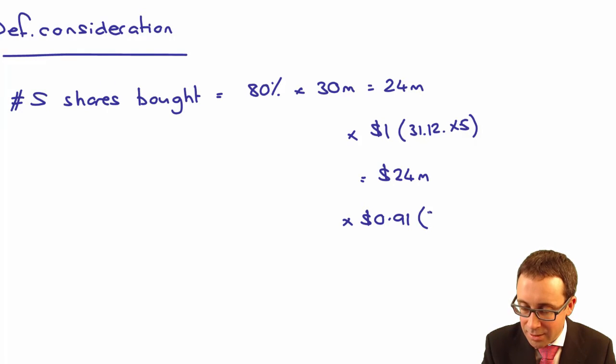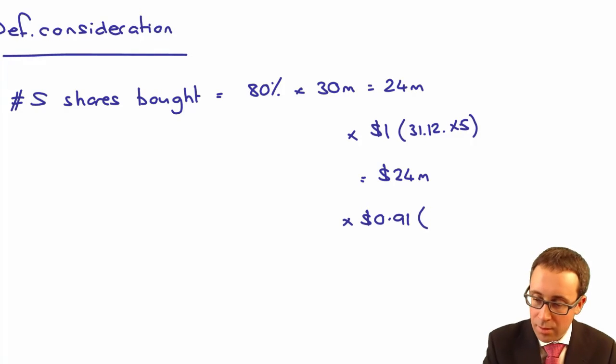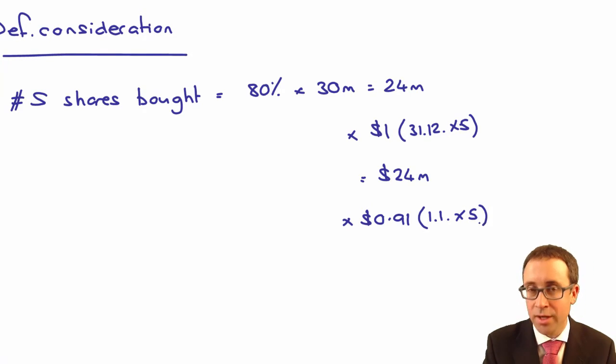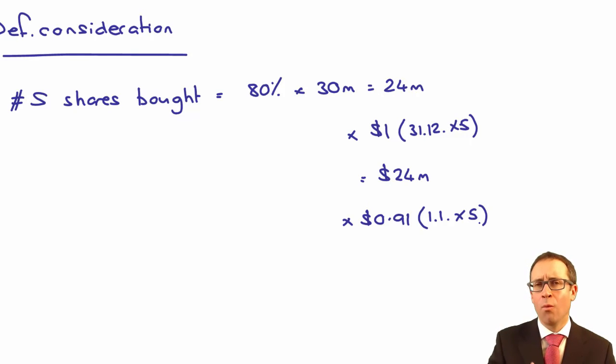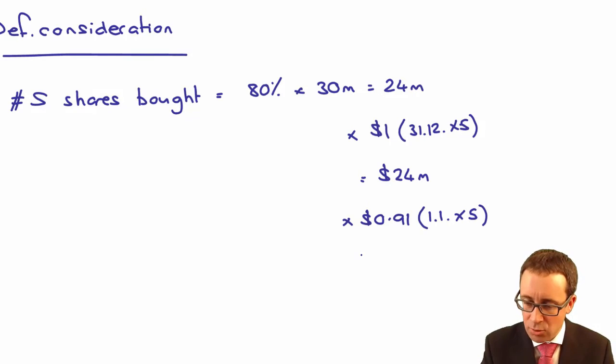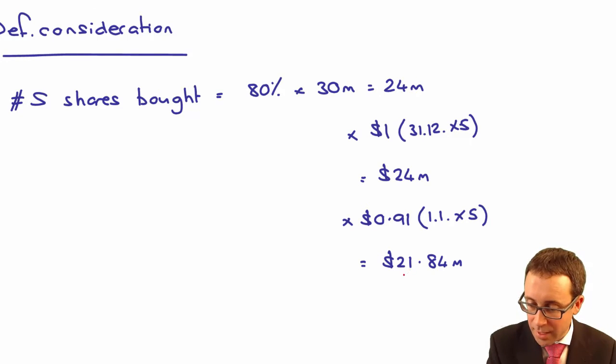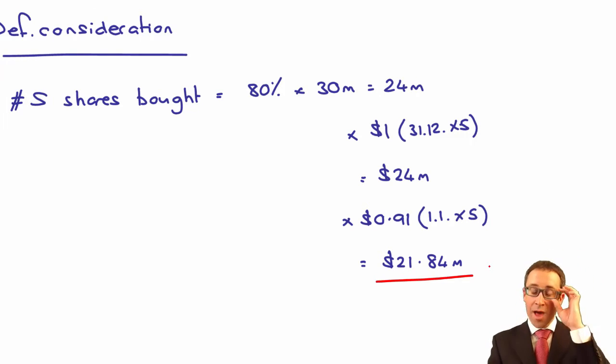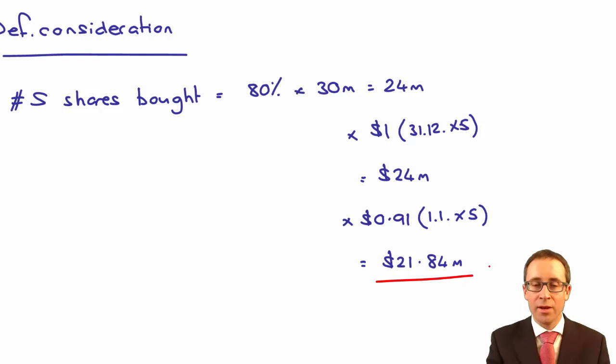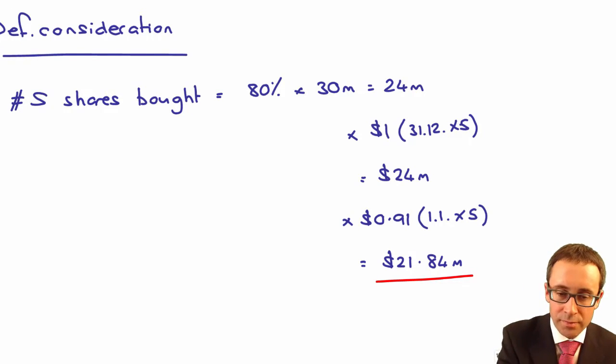at today's value, which is on the 1st of January X5. That's what it's worth today. Now, $1 in a year's time today is worth 91 cents. So if you tap that into your calculator, it should give you $21.84 million. So that's, if you like, the value of the deferred consideration.